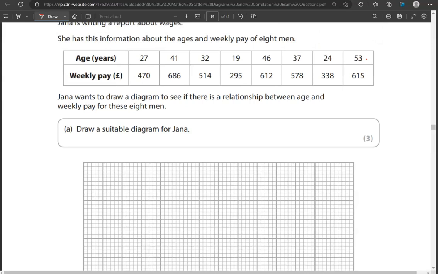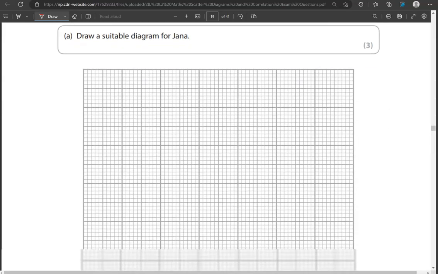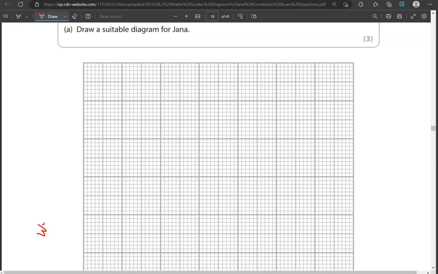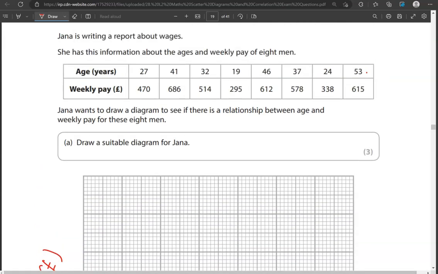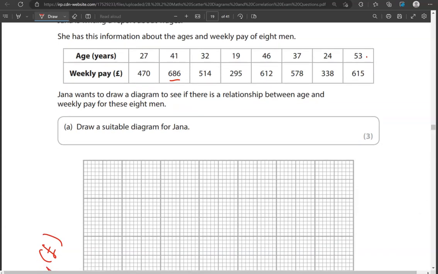Vertically, we'll show weekly pay in pounds. And the highest is 686, so about 700.